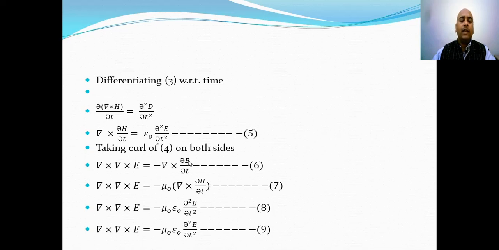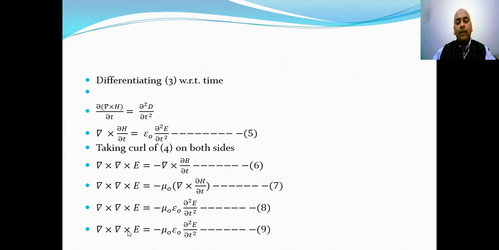We can also write that B is equal to mu naught H. So mu naught is taken out, and from equation number 5 we can put the value of curl of ∂H/∂t equal to epsilon naught ∂²E/∂t².